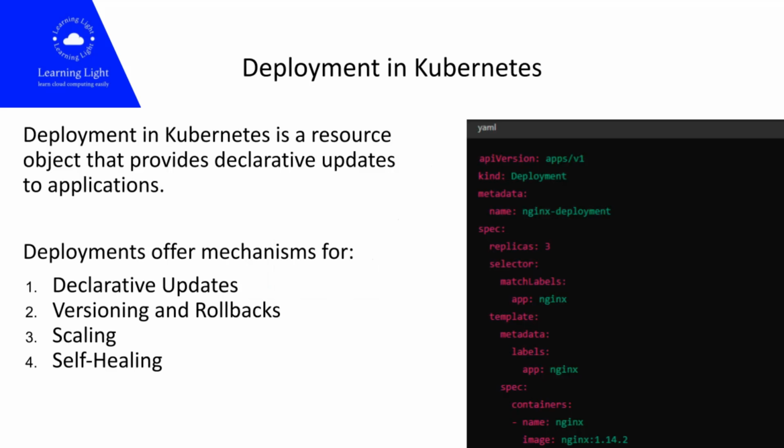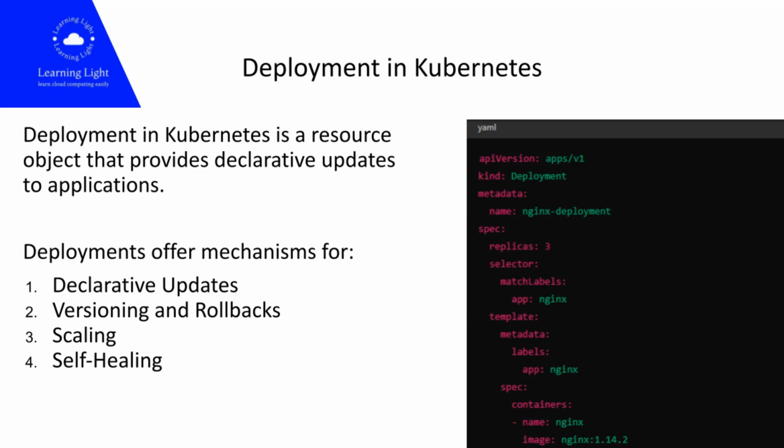Now, as we are going to deploy the services in Kubernetes through deployment, we should know what exactly deployment means in Kubernetes. A deployment in Kubernetes is a resource object that provides declarative updates to applications.